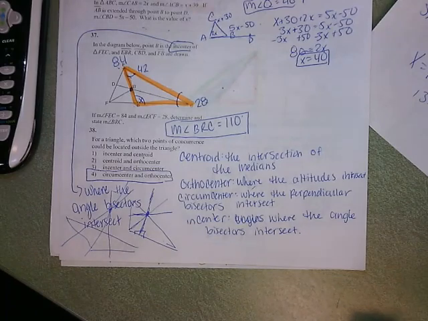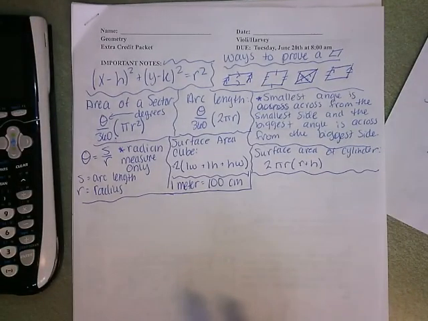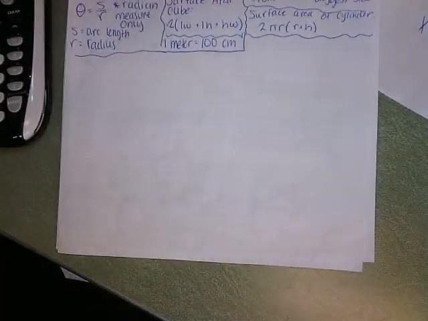Alright, so before I end the video, there's a couple questions I want to go over. One thing that I didn't go over with you and that I kind of wanted to is similarity proofs. Specifically, the product of the means is equal to the product of the extremes type of proof. So I'm just going to do a quick little mini example.